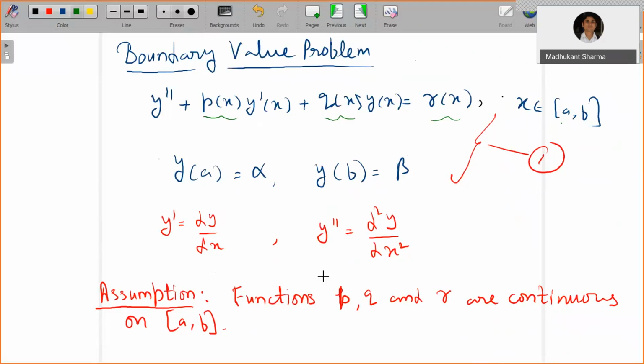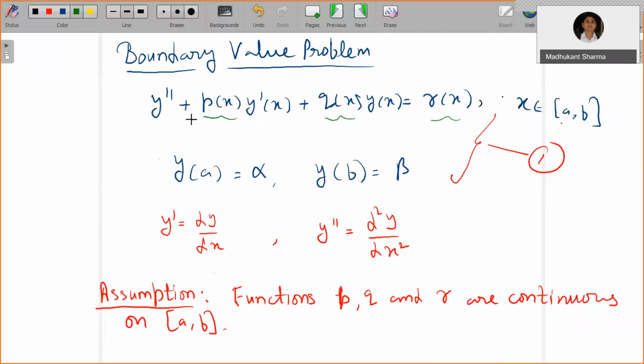Now what we are going to do next is replace y by the approximated value y at x_i, and y dash and y double dash are going to be replaced by their approximations. We are going to use the technique which we learned during the numerical differentiation class.